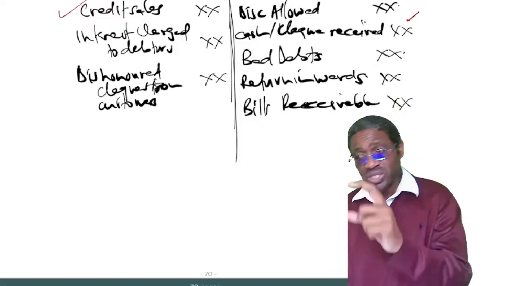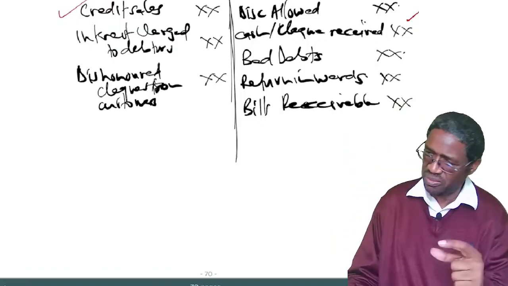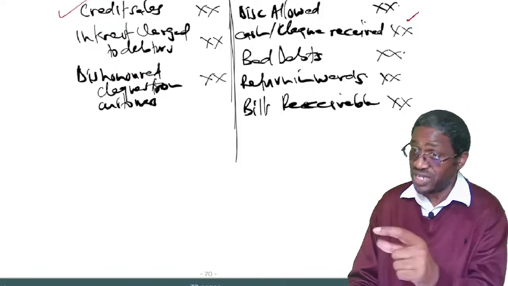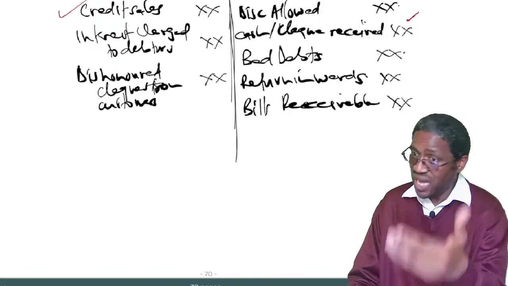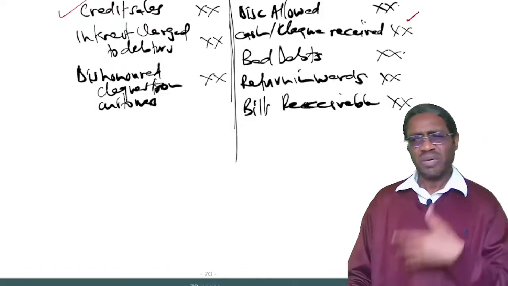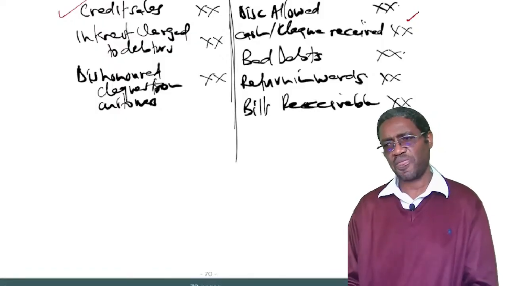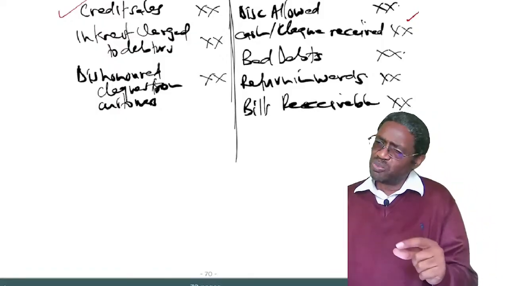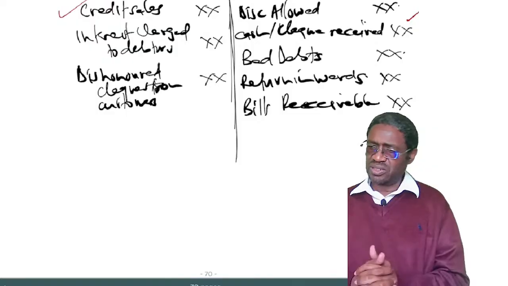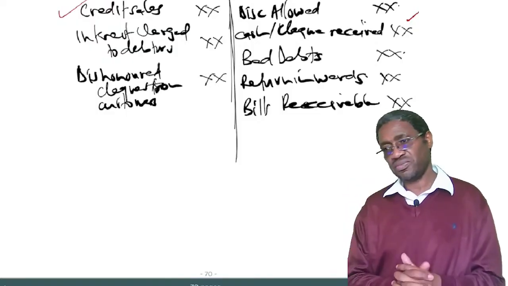The day you received it, you debited the bills receivable, you credited debtor, implying like the debtor has paid you, because it's as good as cash. In principle, he has paid you. But he has promised to pay you by the end of the month.